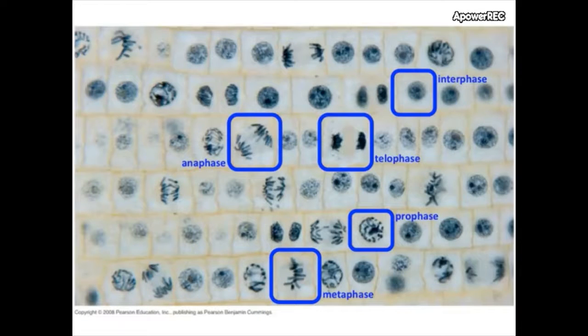So now I have some examples of some cells with the different phases of the cells. If we take a look here we have interphase, where the cell has its DNA, it's not in its condensed form, it's within a nucleus here, and this is part of the normal cell cycle. And now here we have prophase, where the DNA is starting to condense into those chromosomal structures.